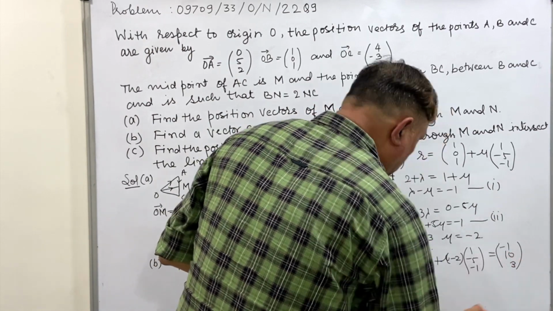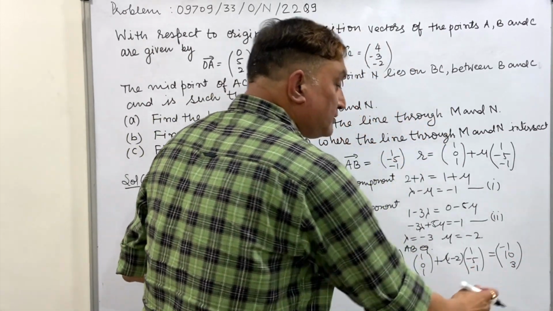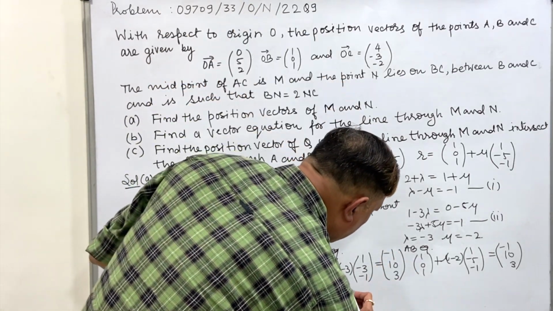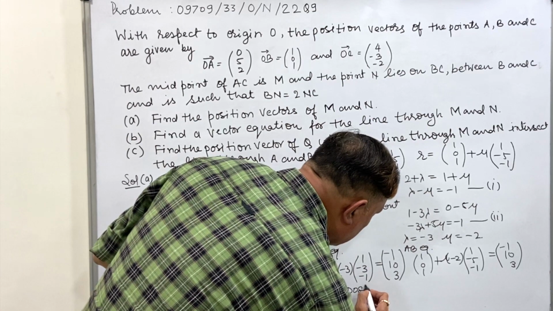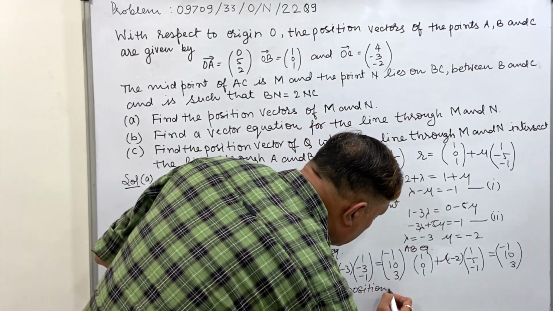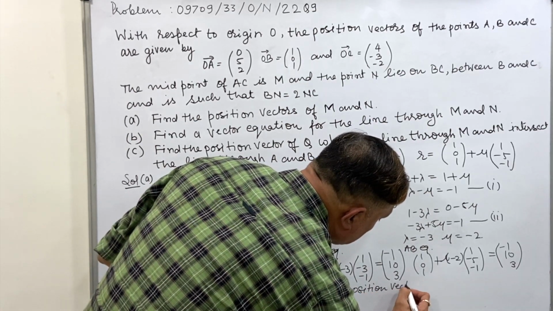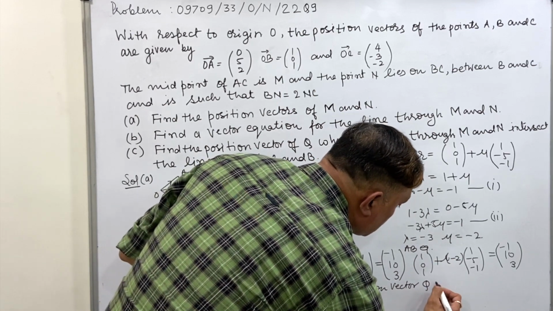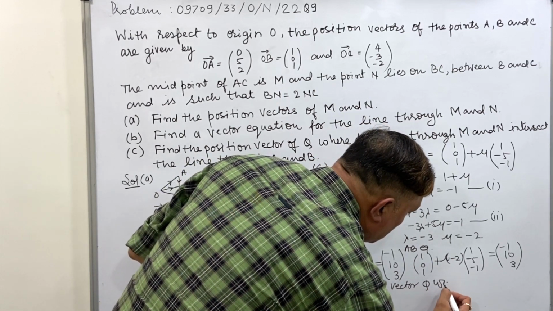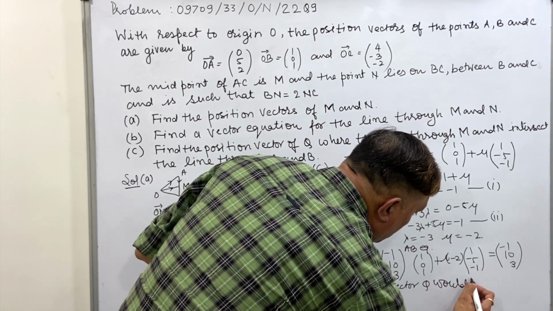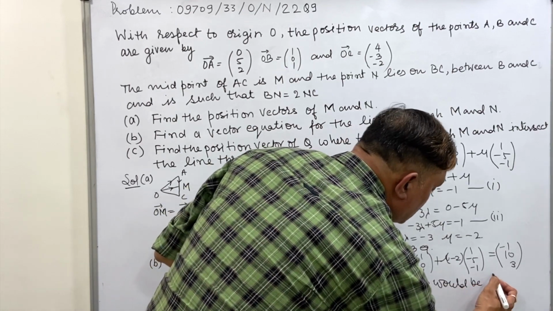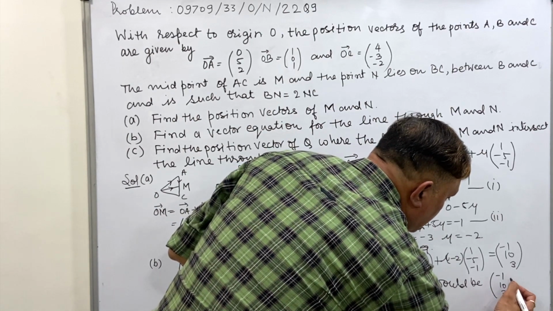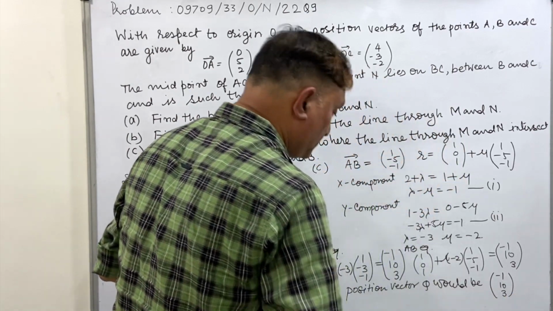So as the point is common, the position vector of Q would be (-1, 10, 3).